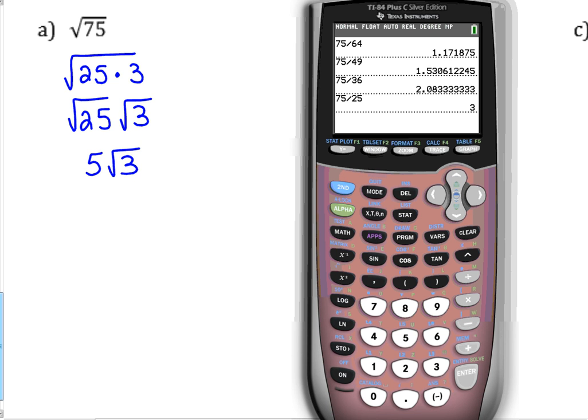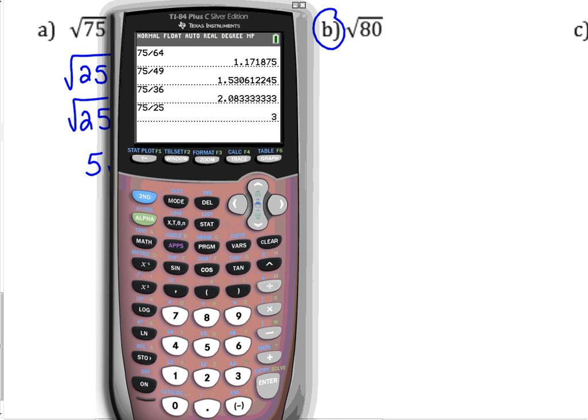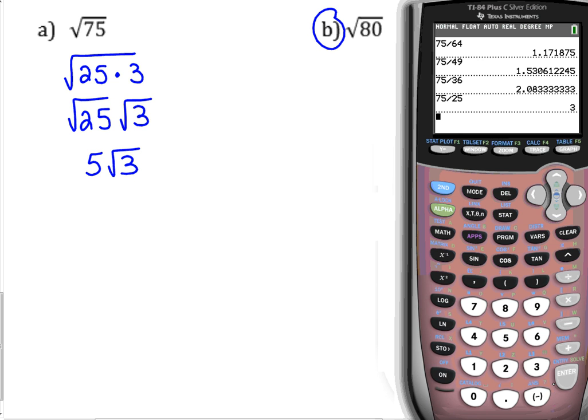Right, so we try 80. And the largest perfect square. So notice I always go backwards. If you're actually searching with your calculator and start dividing, I go backwards because you want the largest one. Often there's more than one perfect square, especially like a number like 80.